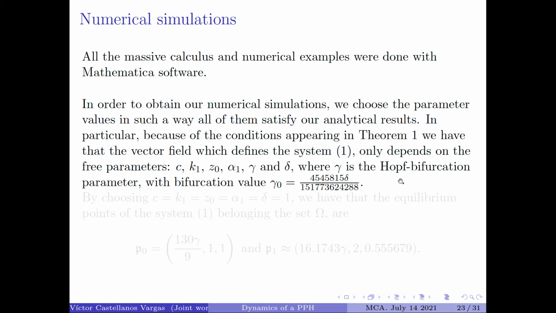Okay, in order to obtain our numerical simulation, we choose the parameter values in such a way that all of them satisfy our analytical result. In particular, because of the condition appearing in Theorem 1, the vector fields which define the system 1 only depend on the parameters C, K1, C0, alpha 1, gamma, and delta, where gamma is the Hopf bifurcation parameter with bifurcation value gamma 0 equal to this.